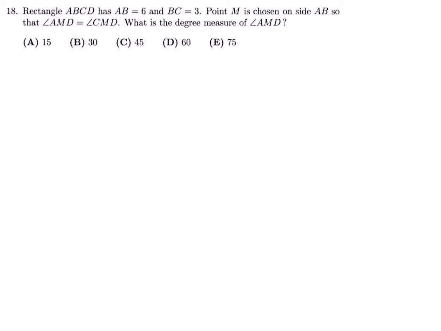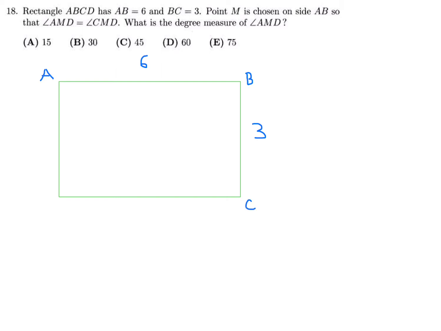All right, let's talk about this. So we've got some rectangle, right? And they've given us some dimensions. It's 6 and 3. And they're saying that there's some M along this ABCD, in particular on AB. So I don't know where that M is, so let's just say it's right here.